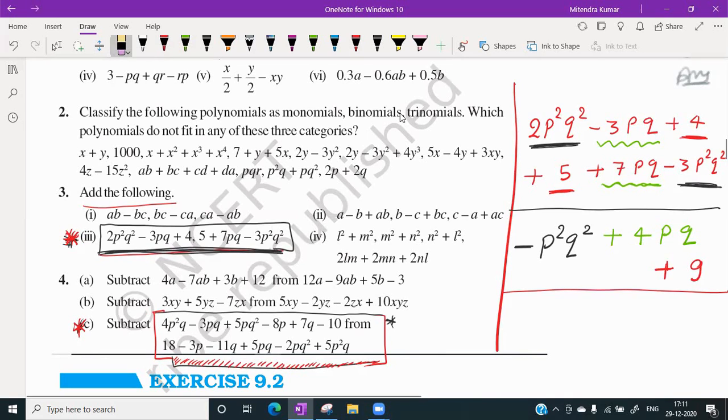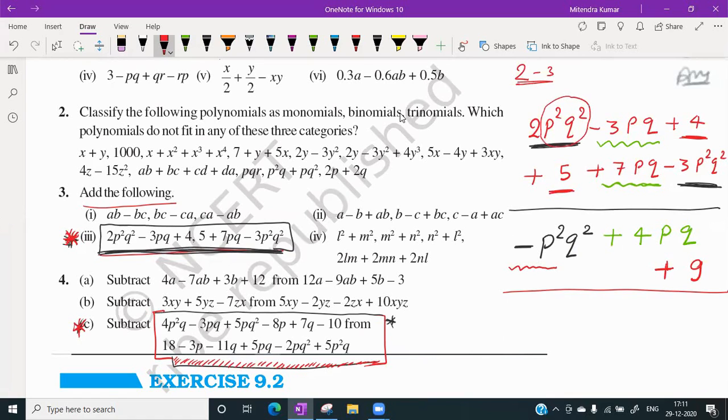Sir, my first answer is p square q square plus 4pq plus 9. Sir, is it correct? Minus p square q square, minus should come. It's like 2 minus 3, what will you get? Minus will come, right? These are apples. Sir, minus p square q square, sir. So correct, your answer is correct.